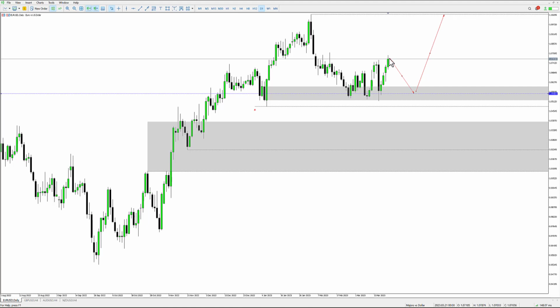So you can see right now the rally of the past 4 days, where is it actually heading to? Right here. That is where it's only going to find resistance, inside this imbalance here.